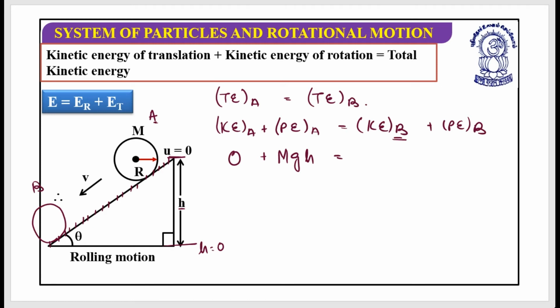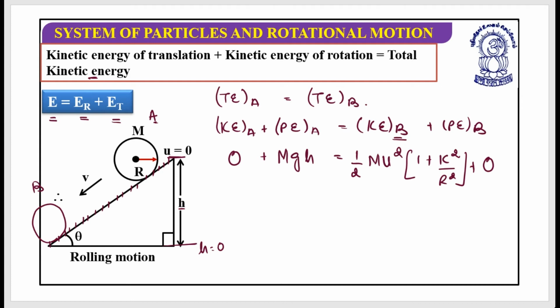At this point the energy is the energy due to rotational motion plus the energy due to translational motion. This combination of rotational plus translational is the total kinetic energy, which equals half mv square into bracket 1 plus k square by r square, plus potential energy at B, which equals 0.